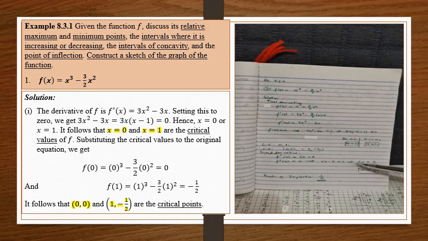So, solving for the value of x, just transpose the negative 3. So, magiging positive 3. So, since si x yung target natin, divide both sides by 6. So, we have x is equal to 1/2 because 3 over 6 is divisible by 3. So, pwede natin siyang ma-reduce in lowest term as 1/2.